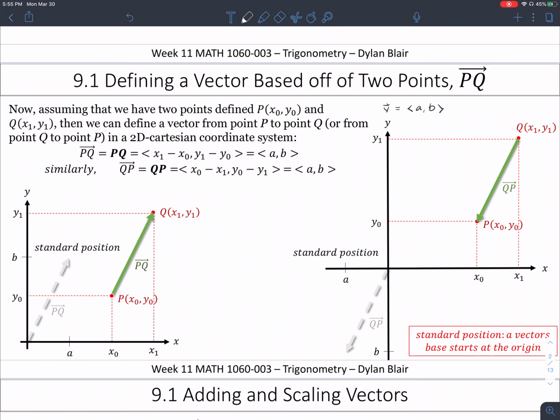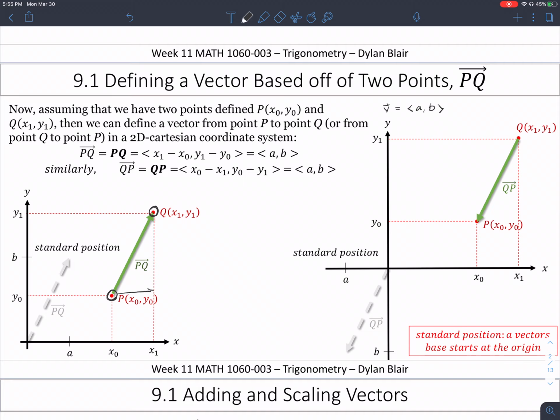Okay, and we denote that with a P that has x and y coordinates and a Q that has x and y coordinates. Okay, so let's first look at the case that we're going from P to Q. We want the distance going to the right from x0 to x1.